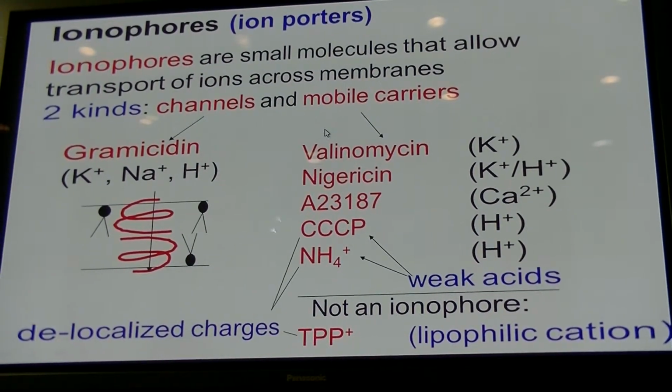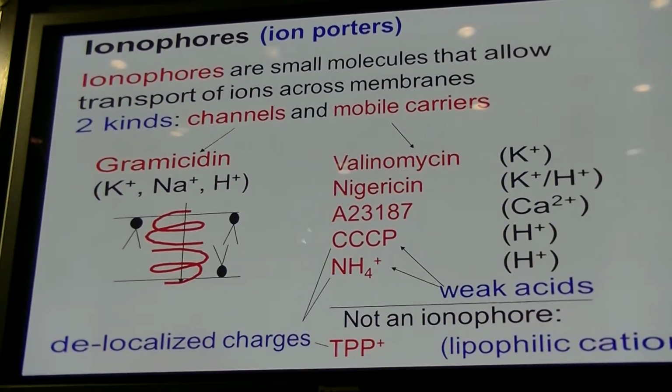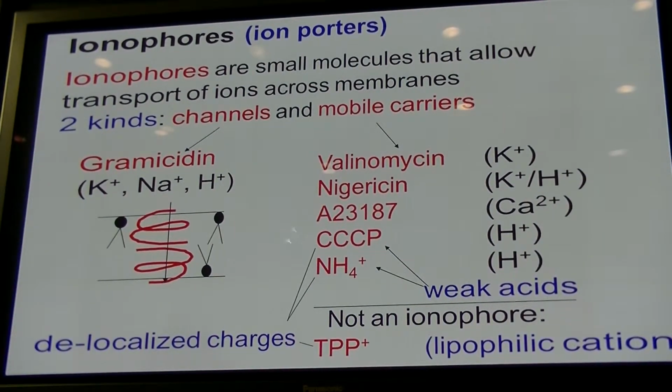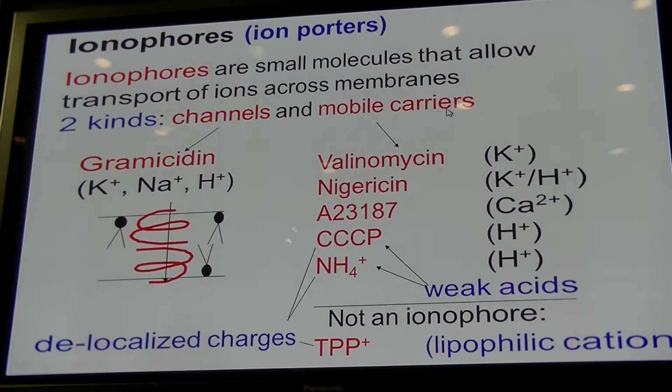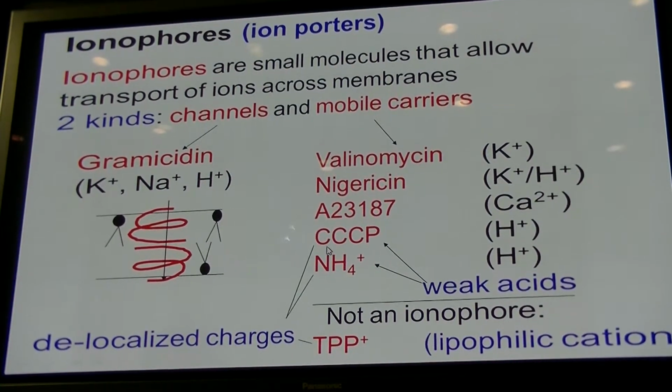Phoros is carrier. Okay, so there's two kinds, channels and what we can think of as things that work like uniporters or antiporters, but they really are small peptides that kind of diffuse through the membrane.